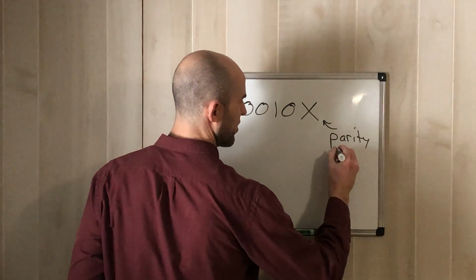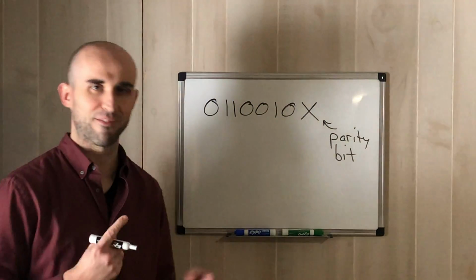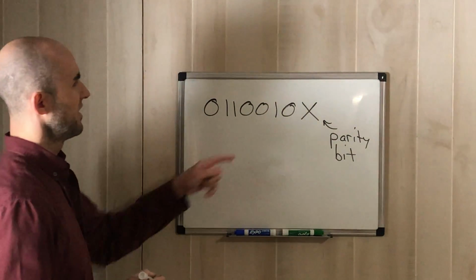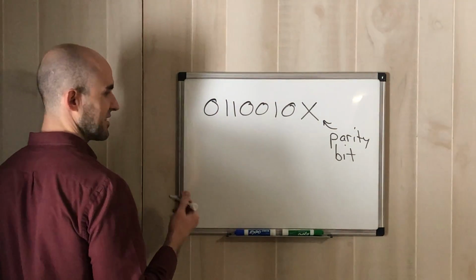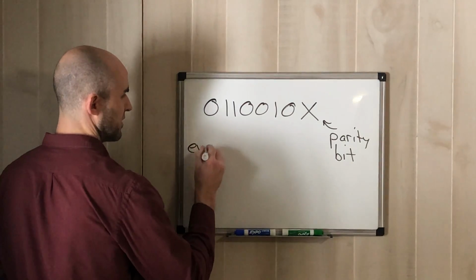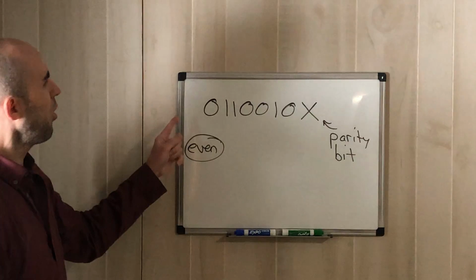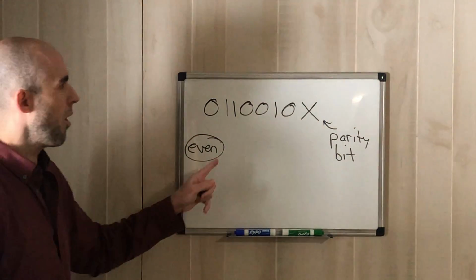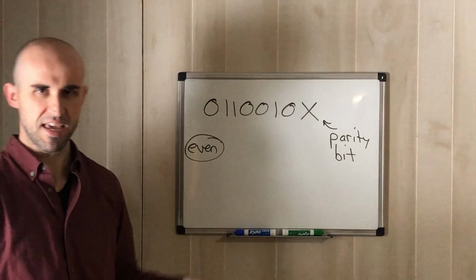That would be the number that's used to be able to see whether there's going to be a mistake sent from one computer to another. What I'm going to ask you is, for this whole sequence, I want to know what x is going to be for this whole sequence to be even, right? I want this whole sequence to be even. So I want to know, what does x have to be for this whole sequence to be even?